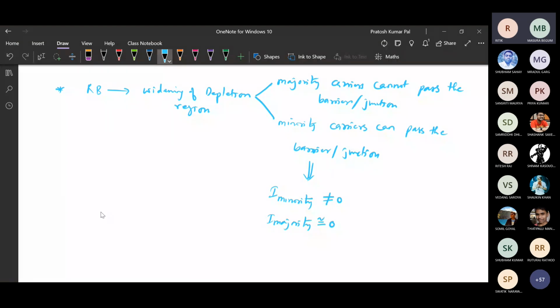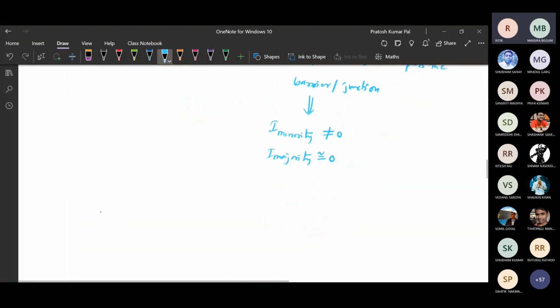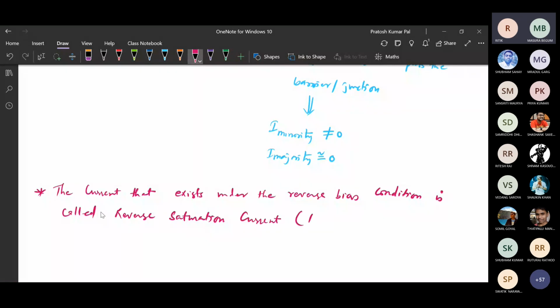One more point we can notice is that in the reverse bias condition, whatever minority carrier current flows is called the reverse saturation current, represented by IS.